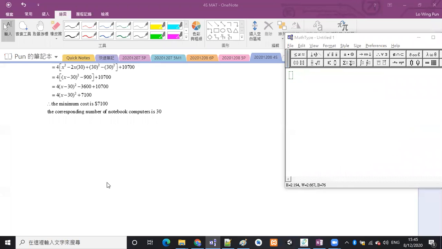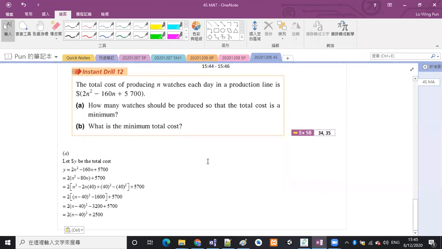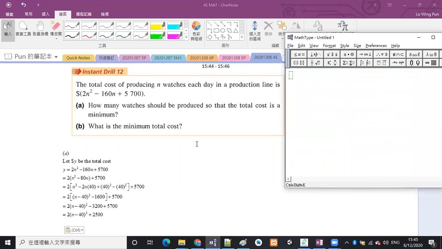Okay, so y is being like this now, and k value is 2,500 and h value is 40. But the question asks us how many watches should be produced so that the total cost is a minimum. Okay, and then we just answer the question. Therefore, the number of watches should be the h value, that is 40.